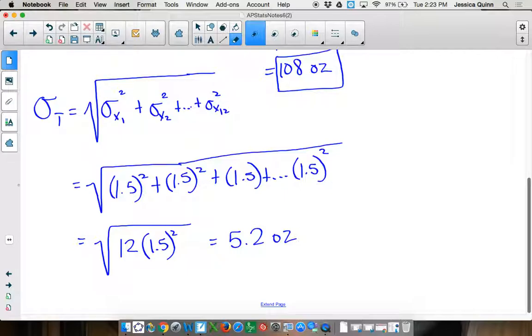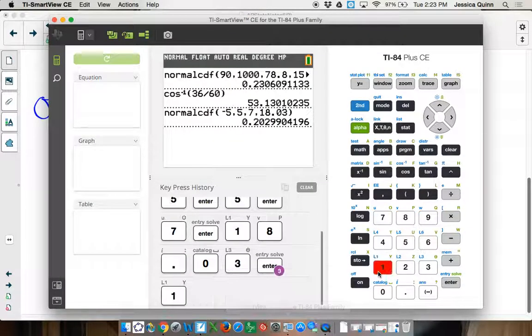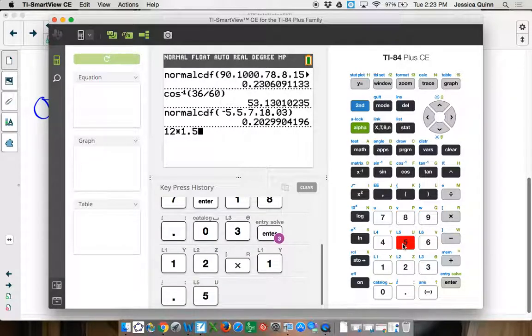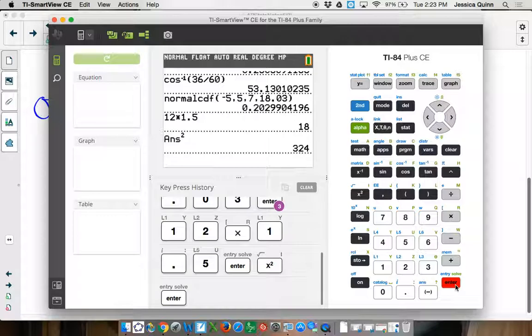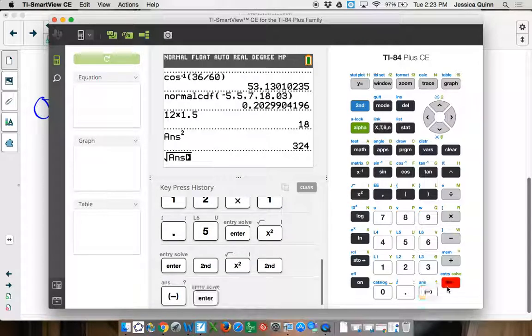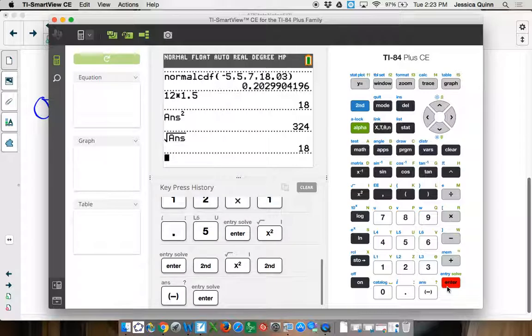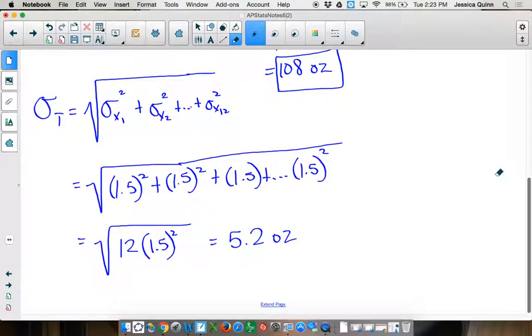So if you were like, oh, 12 times 1.5, and then I'm gonna square that, and now I'm gonna take the square root of that, well, that was dumb. I just undid what I did. If that ever happens, then you know you didn't do the right thing. That shouldn't have happened. Okay? So that's that.